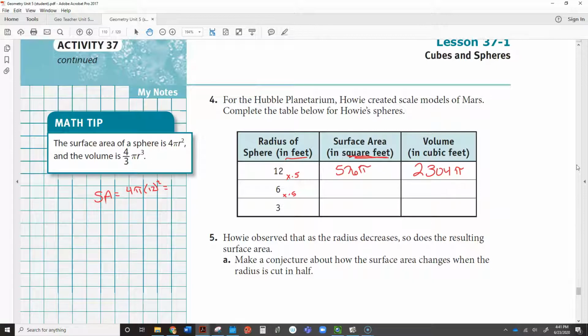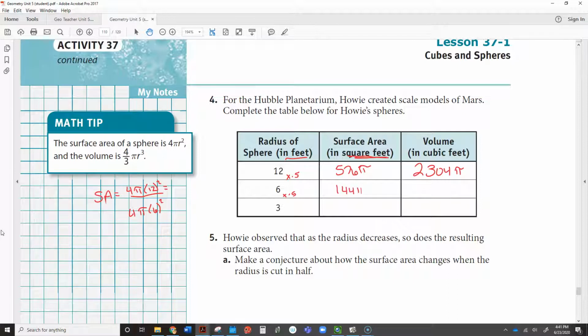So I'm going to go ahead and use the formula to get the surface area. And the surface area is right here, 4 pi, and this time it's going to be times 6. 4 pi times 6 squared. So 4 times 6 squared is 144 pi.